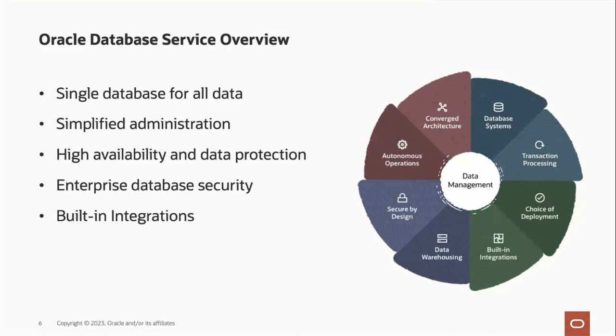So we call this a converged architecture because it includes, yes, your relational database, yes, your transaction processing, yes, your data warehousing and data lakes, and it also includes your document forms and in-memory SQL performance and in-memory machine learning and data science performance as well. So it's really how you want to deploy it and how much of the service you want to do yourself or let us do. Next slide.